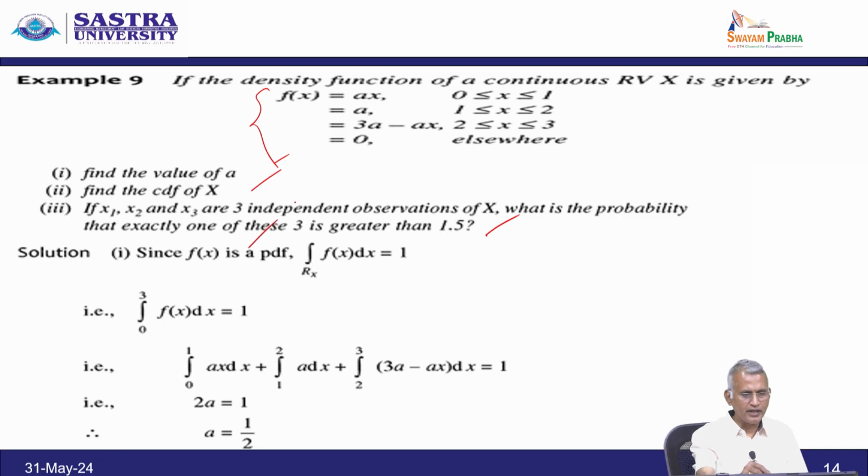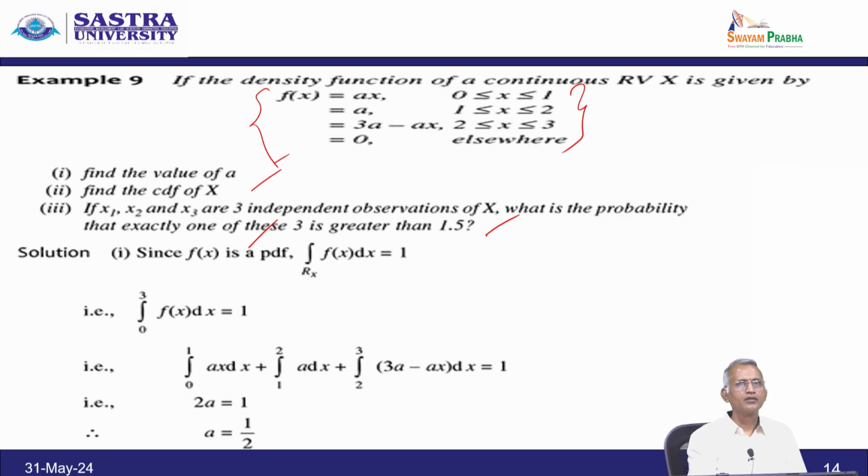f of x is a PDF, therefore the integral over R of f of x dx equals 1. Now, the range is given from 0 to 3, therefore the lower limit is 0 and the upper limit is 3 for f of x dx.